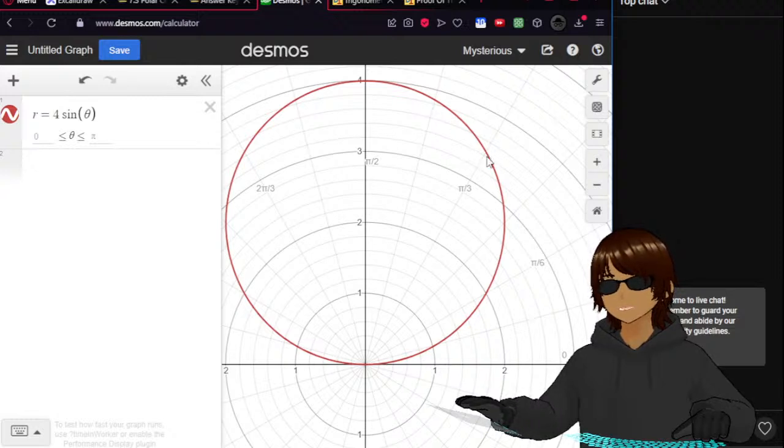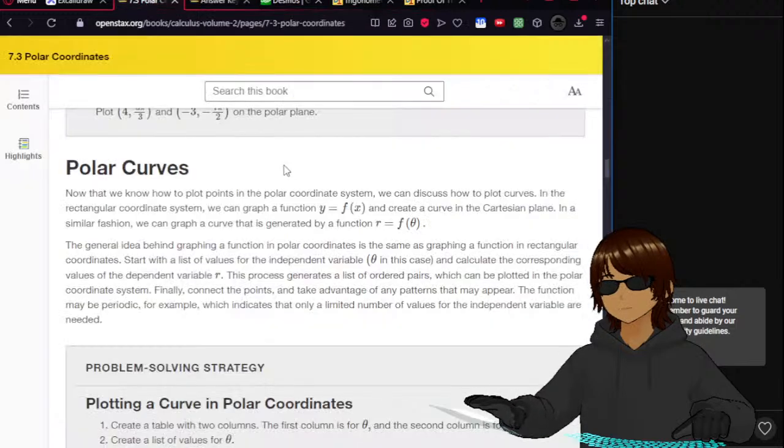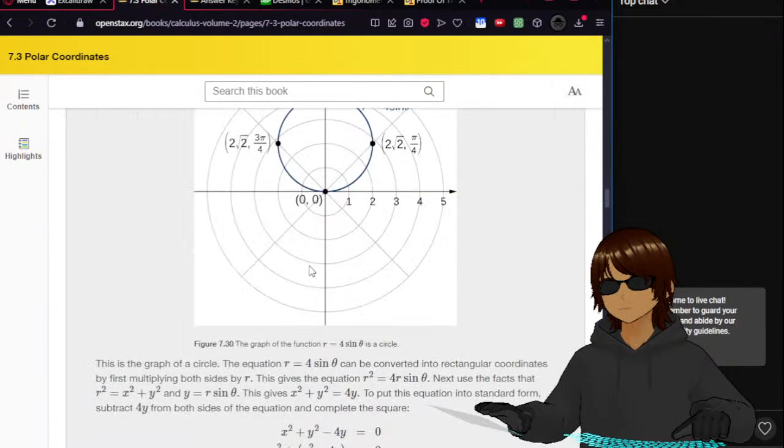Sine is pi over 3. Then, yeah, I think I understood.